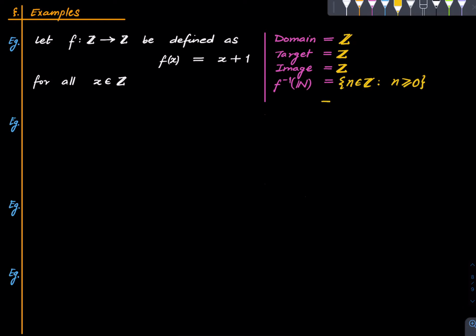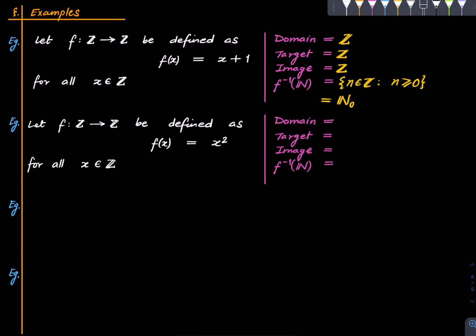This is also written as that, another notation for the same thing. So I hope you follow all of this. Another example. This was our second example where the function picks some integer and outputs the square of that integer. The domain is Z and the target is Z.